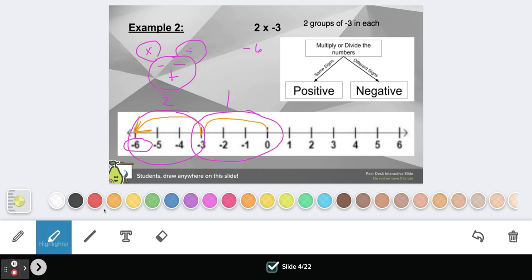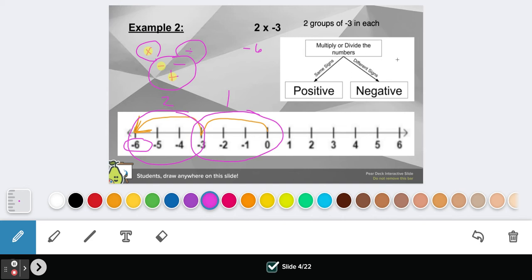The way that I use this is, here I have a positive number, so I'm going to cover my positive here for the notes. Then because I'm multiplying, I'm going to cover the multiplying sign, and because I have a -3, I'm going to cover one of the negatives. And see how I didn't cover that negative? My answer is going to be a negative. So here I have -6 and it matches, so it's correct.